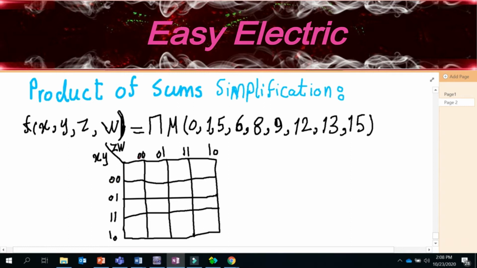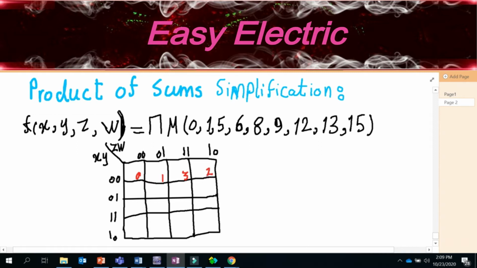The xy is 00, zw is 00, so definitely it should be maxterm 0. Similarly, for the next one, xy is 00, z is 0, w is 1, so definitely it should be maxterm 1. And you go and find that number for all of them.